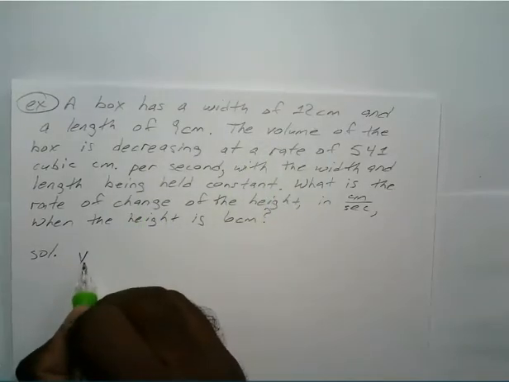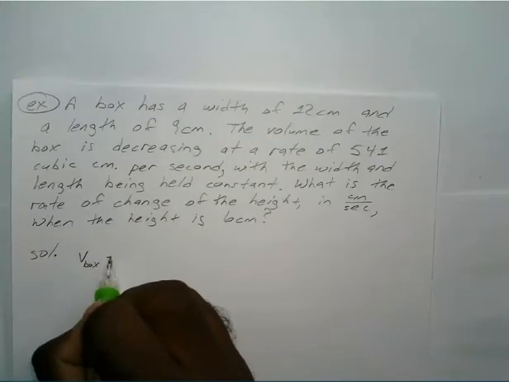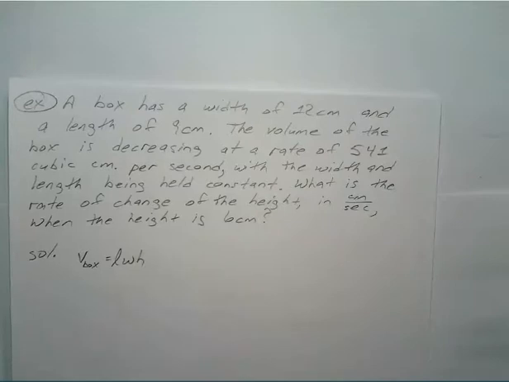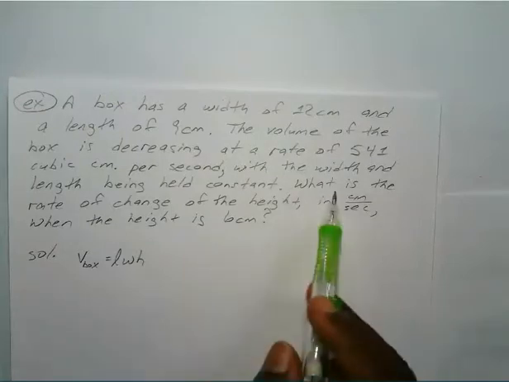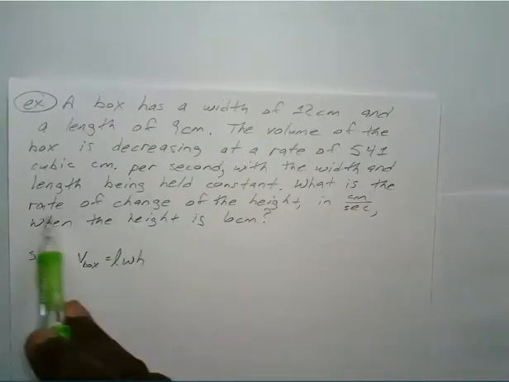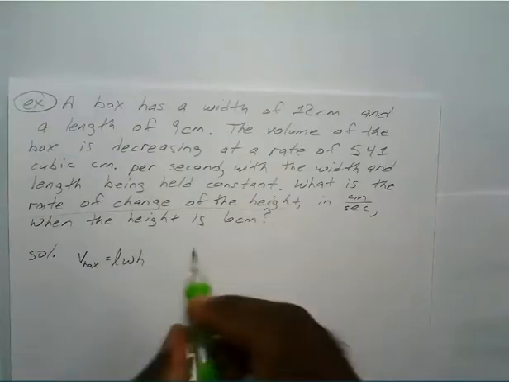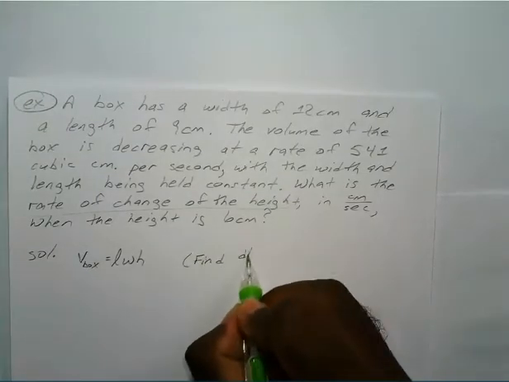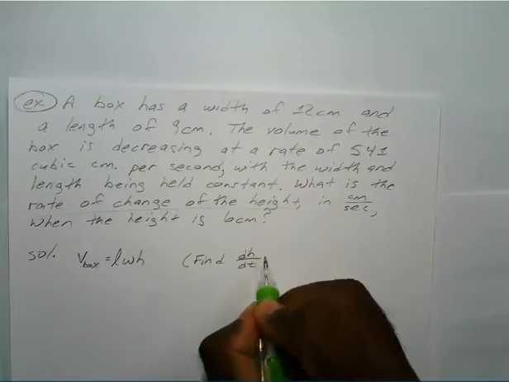Okay, so using the volume of a box, remember that's your length times your width times your height. Okay, so what are we looking for? We want to know the rate of change of the height. So we want to find the rate of change of the height with respect to time.